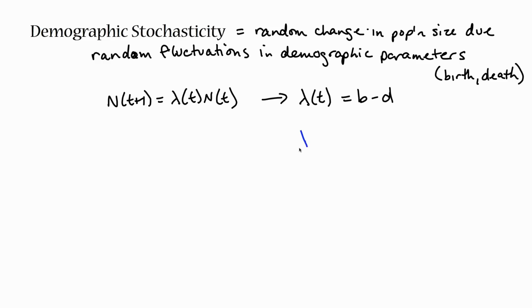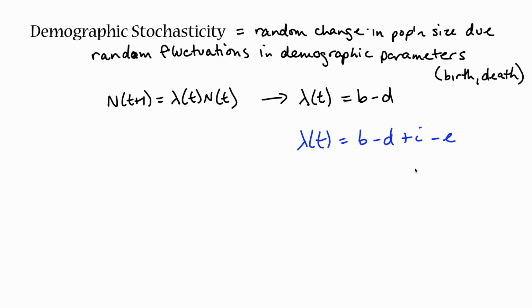And if you have a fancier model where the growth rate is birth minus death plus immigration minus emigration, you can make any or all of those stochastic as well, by the same method of drawing a value for them from a probability distribution every time step and using that to project the population forward.